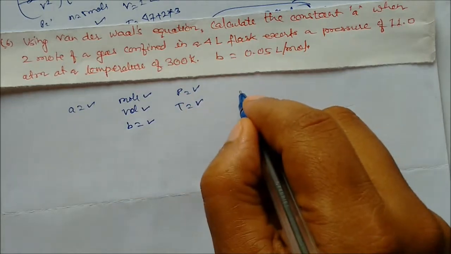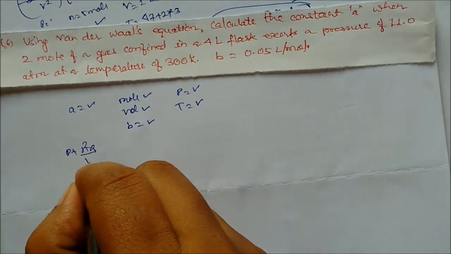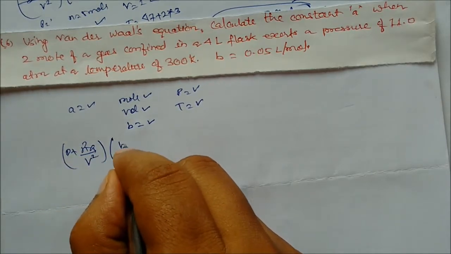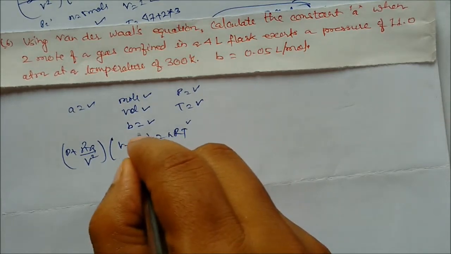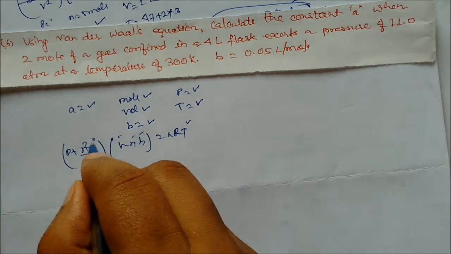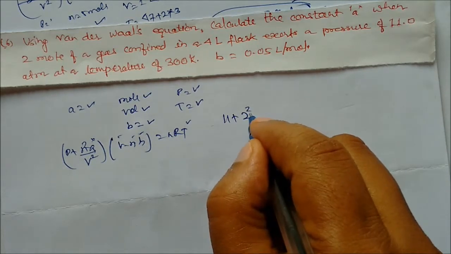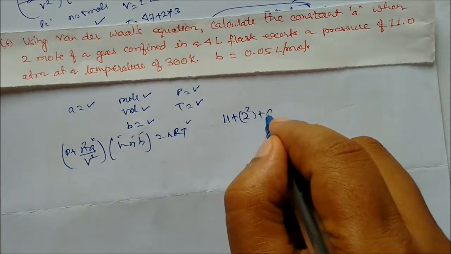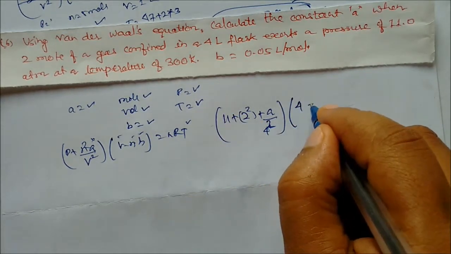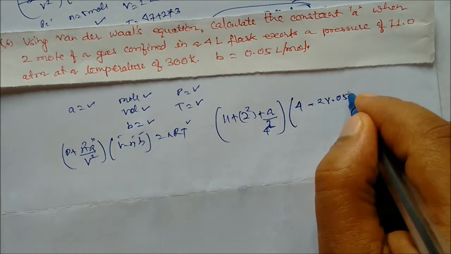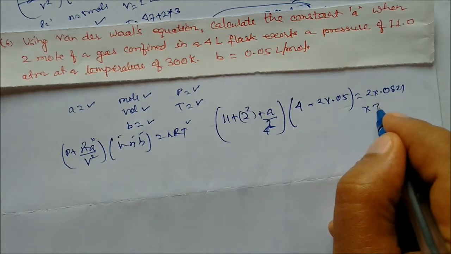And the van der Waals equation we know very well: P plus n squared A divided by V squared, multiplied by V minus nB, equals nRT. Everything is given here except A. So just put in the values: 11 plus 2 squared A over 4 squared, times 4 minus 2 into 0.05, equals 2 into 0.0821 multiplied by 300.